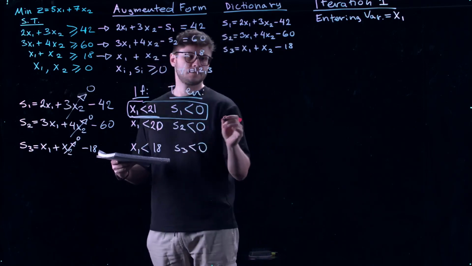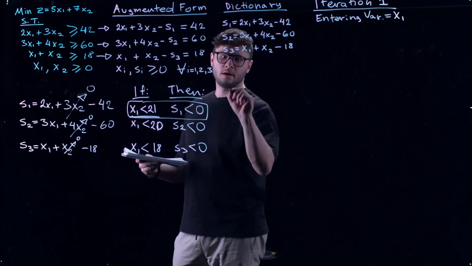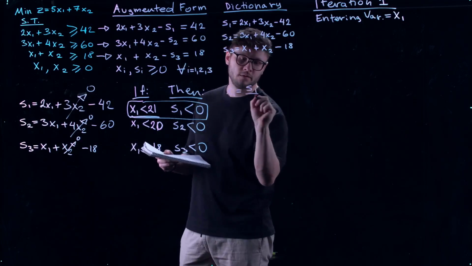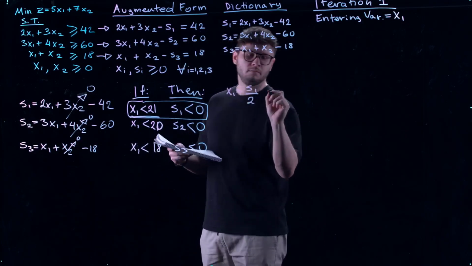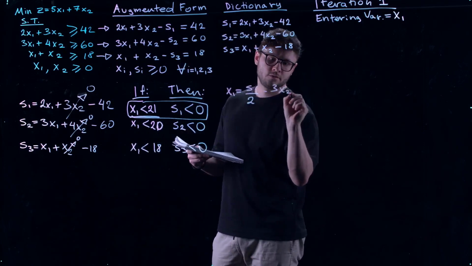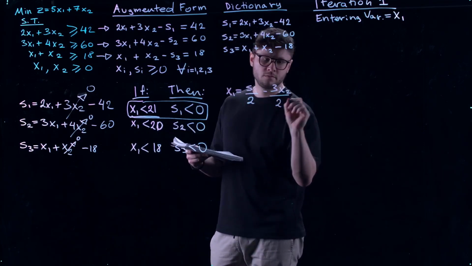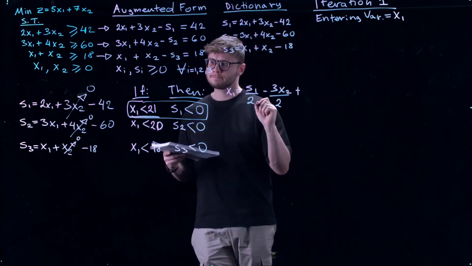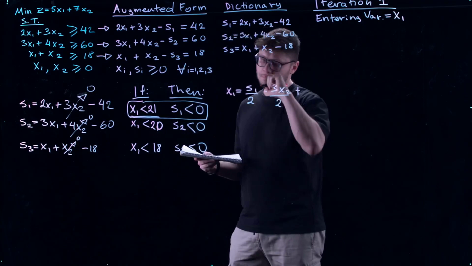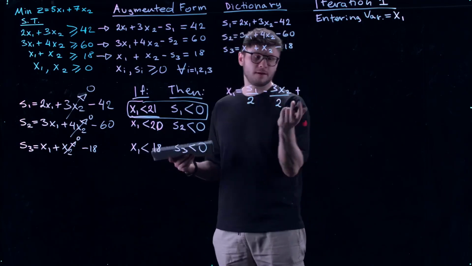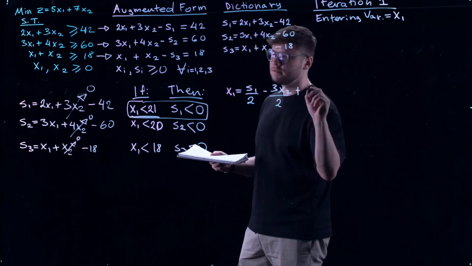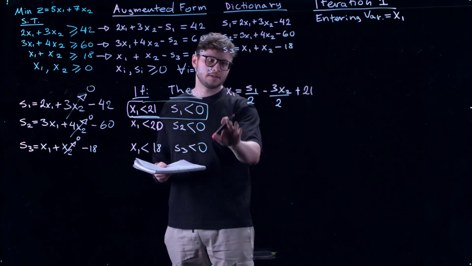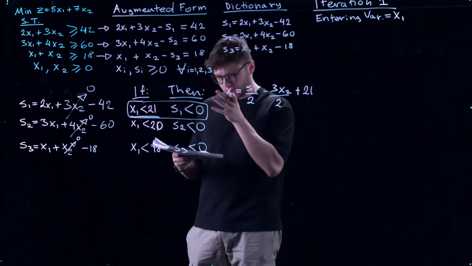That is going to give us that x1 equals S1 over 2 minus 3x2 over 2 plus, that's correct, plus 42 divided by 2 to isolate x1, so that's going to give us a 21. So this is now our expression for x1.